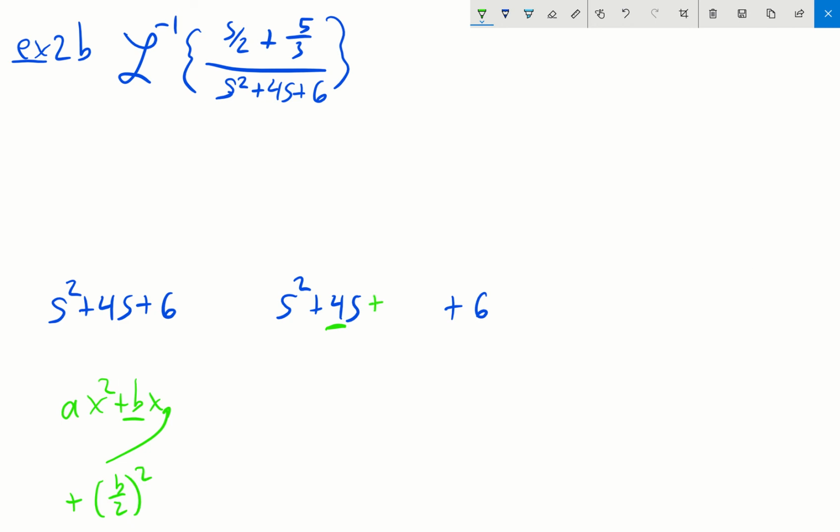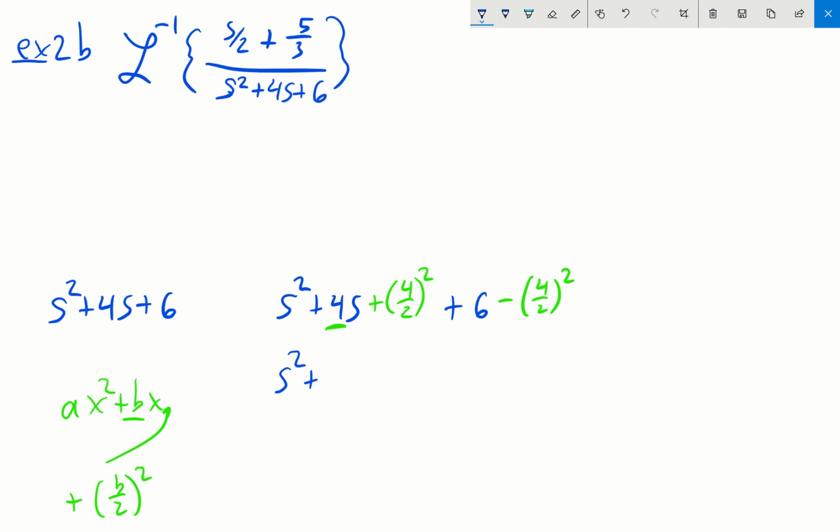So we need to add half of 4 squared, but then if we add it, we also have to subtract it over here, so that we're not changing the value or the form of this thing.